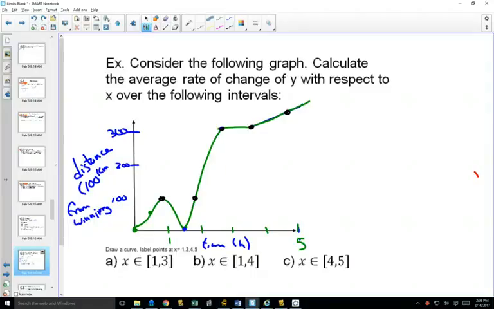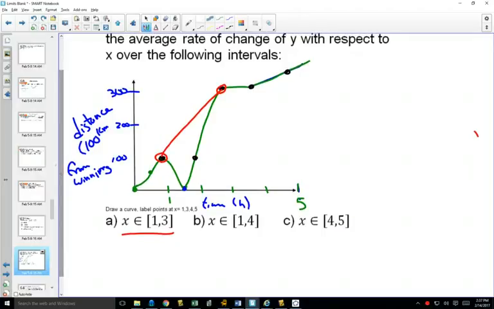So if we have those points, calculate the average rate of change from 1 to 3. So if you went, and we'll do 1 to 3 in red, if you went from this point 1 to this point 3, and you connected those two, your average rate of change would have been 200 kilometers over 2 hours, which would be 100 kilometers per hour.